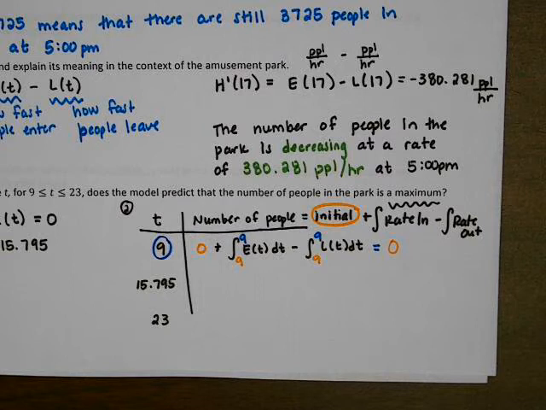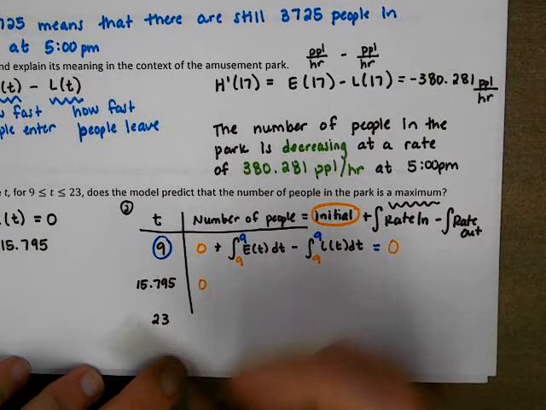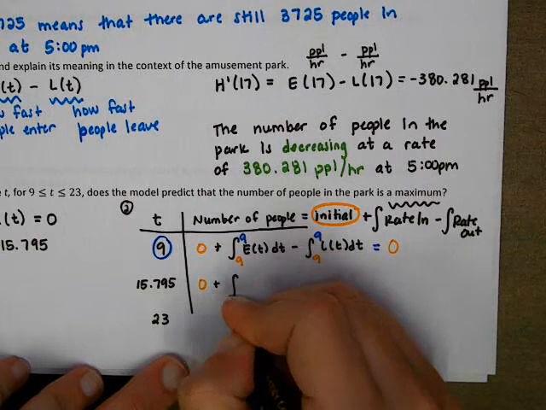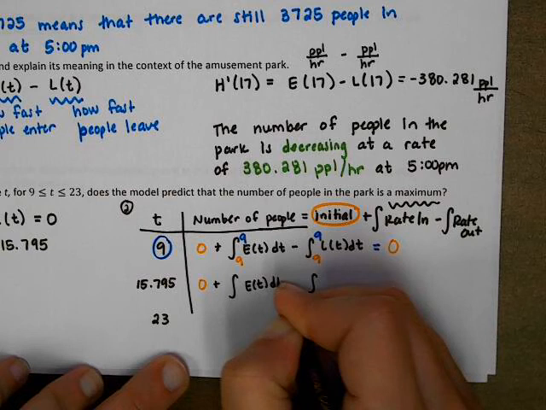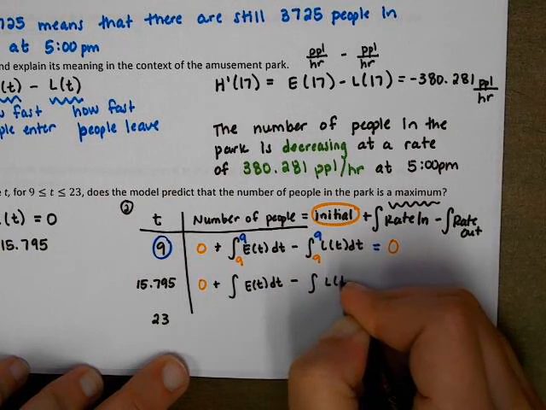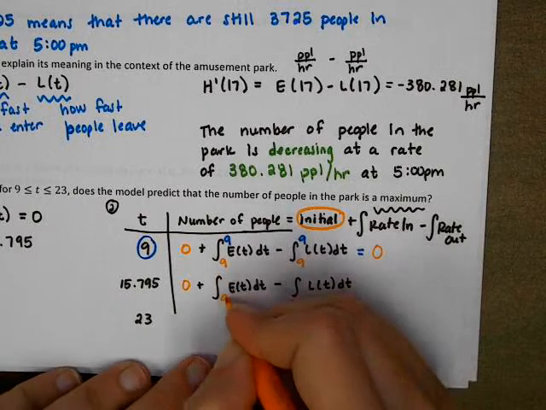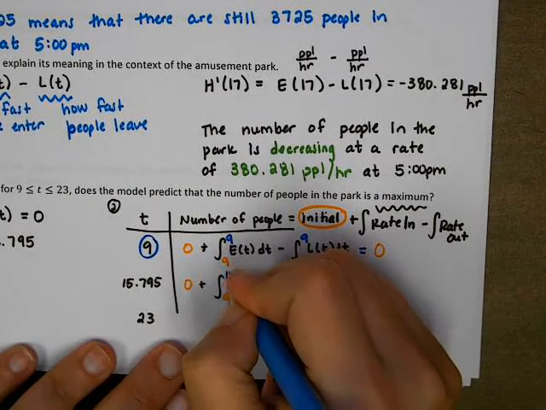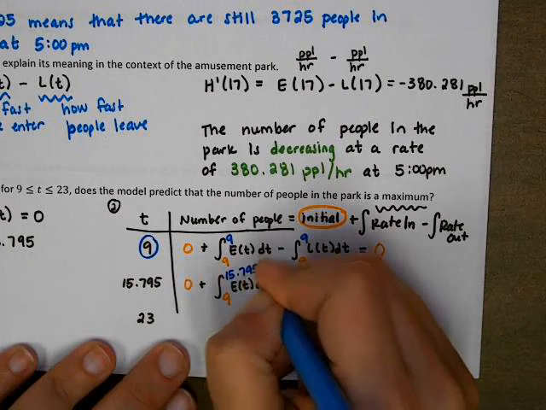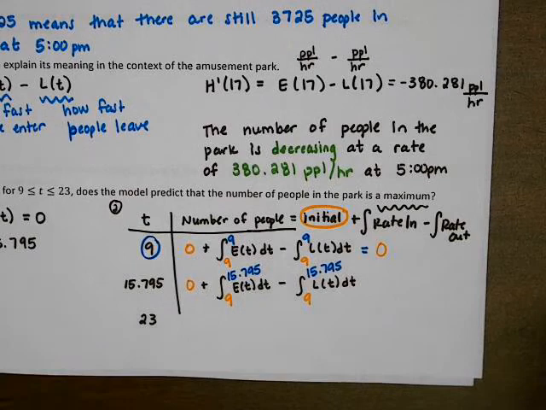To calculate how many people are there at 15.795, you would do 0 plus the integral, and you would still start at 9 because that's when the park opens, but you would end at 15.795 because now we're interested in how many people there are at that time.